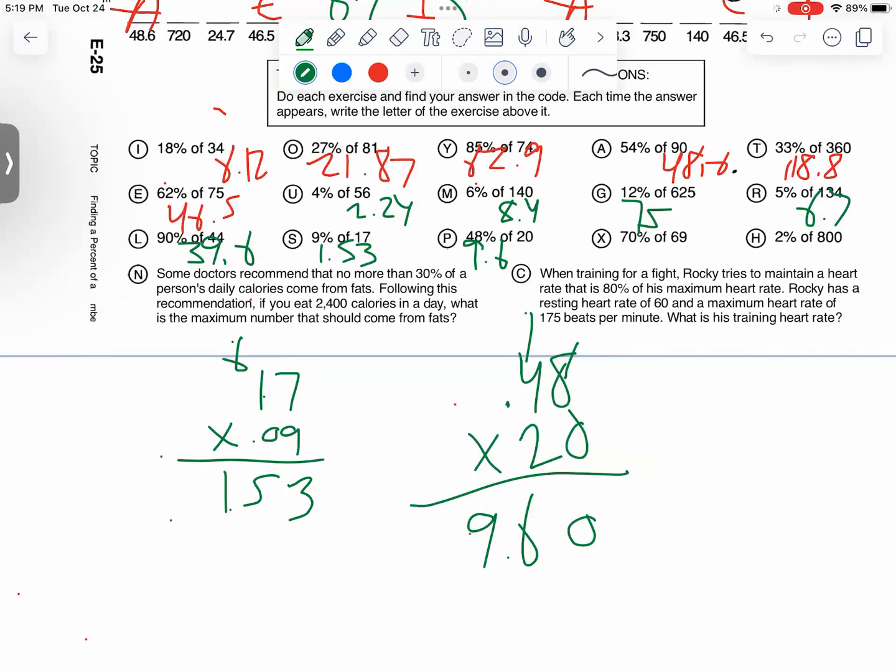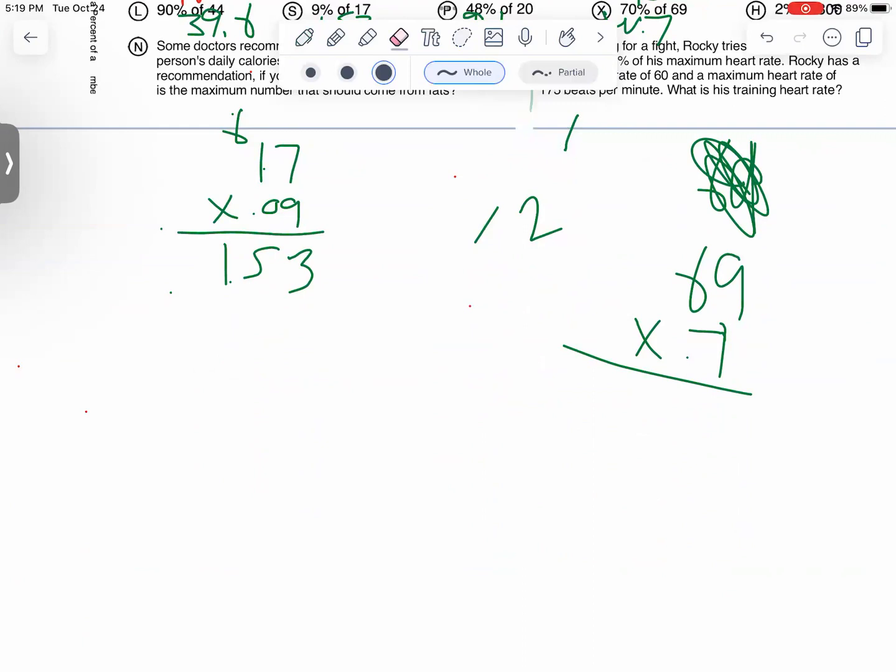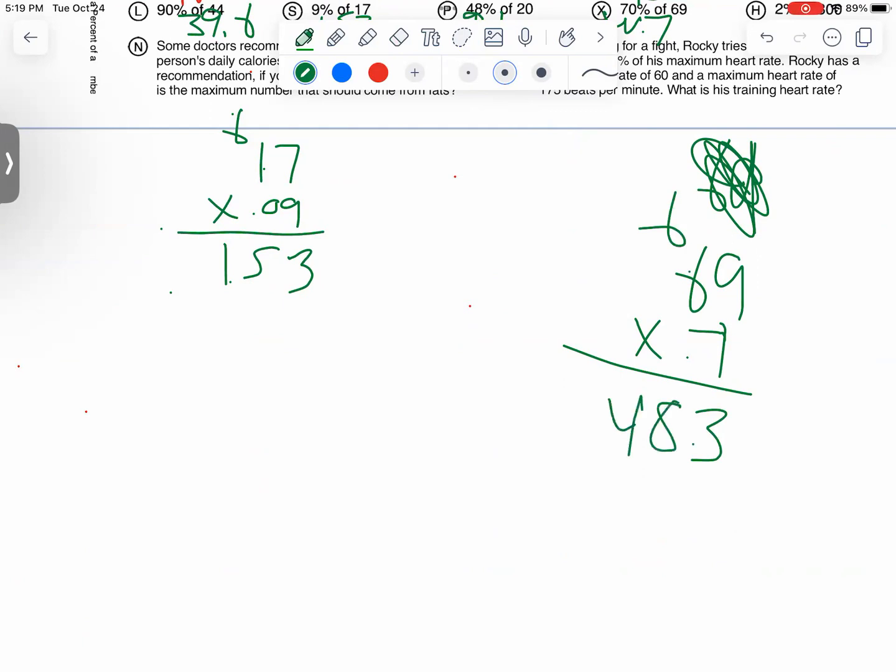All right, 70% of 69. So that's going to be 0.70 or just 0.7. 69 times 0.7. So that will give us 9 times 7 is 63. 7 times 6 is 42, and 6 is 48. 1 decimal in the problem, so 1 in the answer, 1 decimal place.